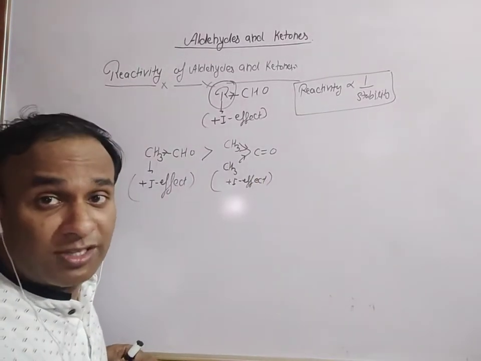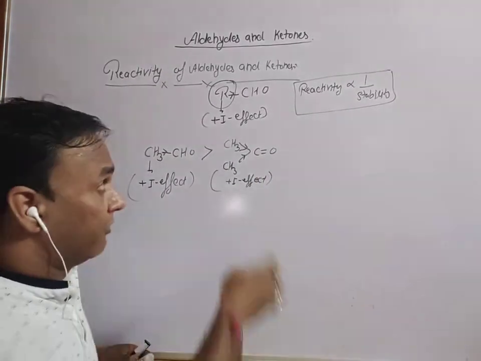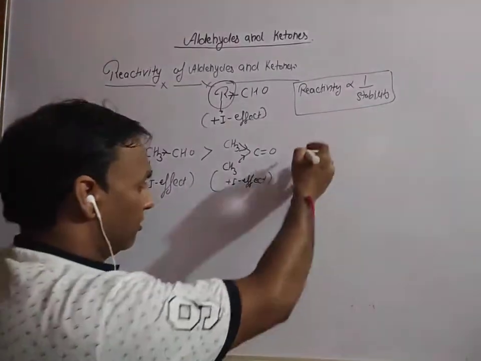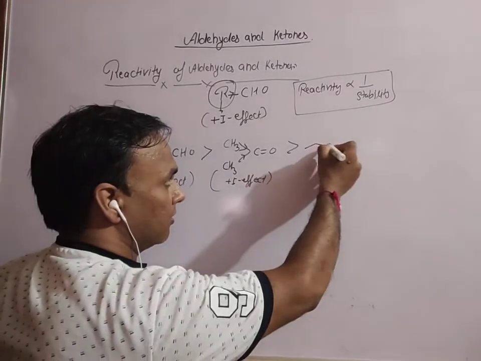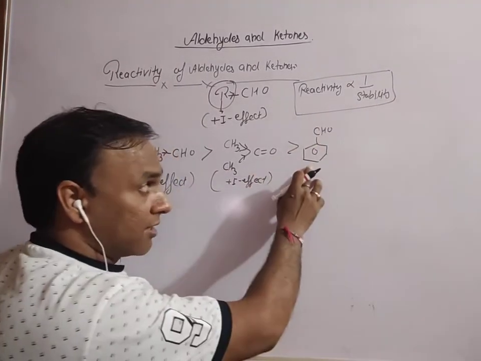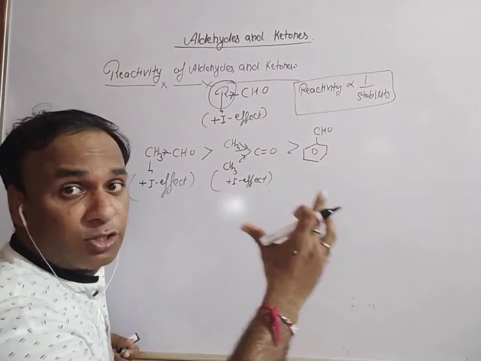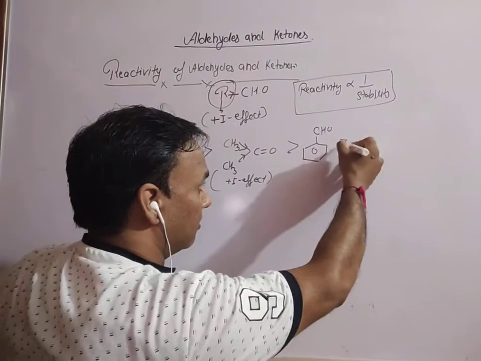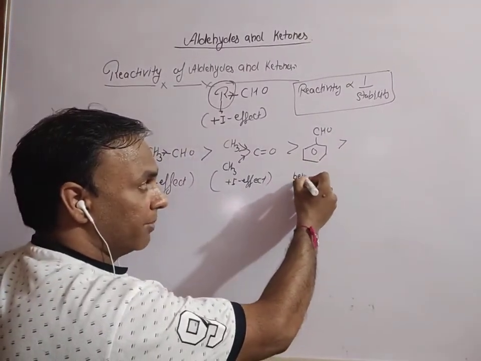And we know the resonance stabilization: when the alkyl group, methyl group, is replaced by benzene, C6H5 CHO, this benzene is stabilized by the resonance factor. This compound is called benzaldehyde.